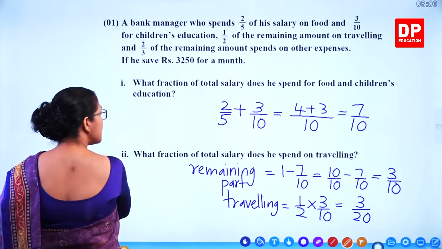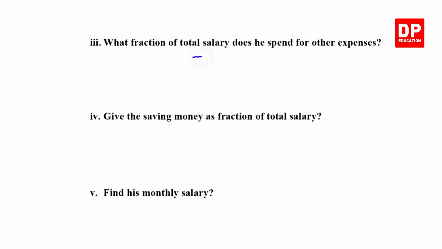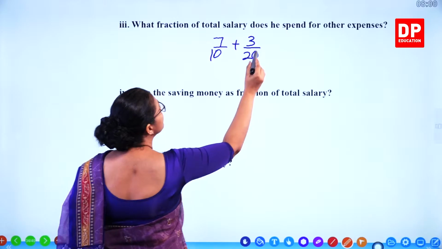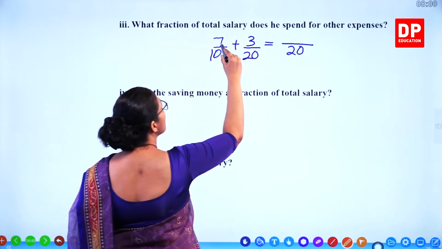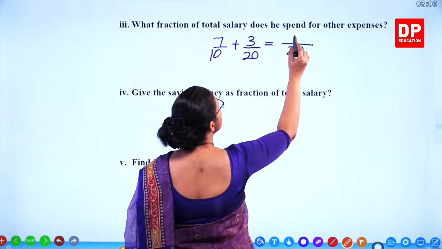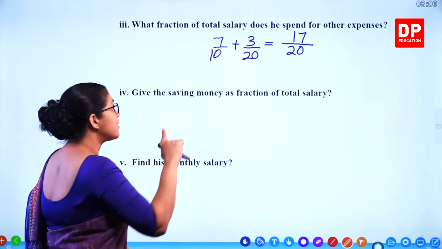So what's the total? 7/10 and 3/20. 14 plus 3, 17. So what's the remaining part now?